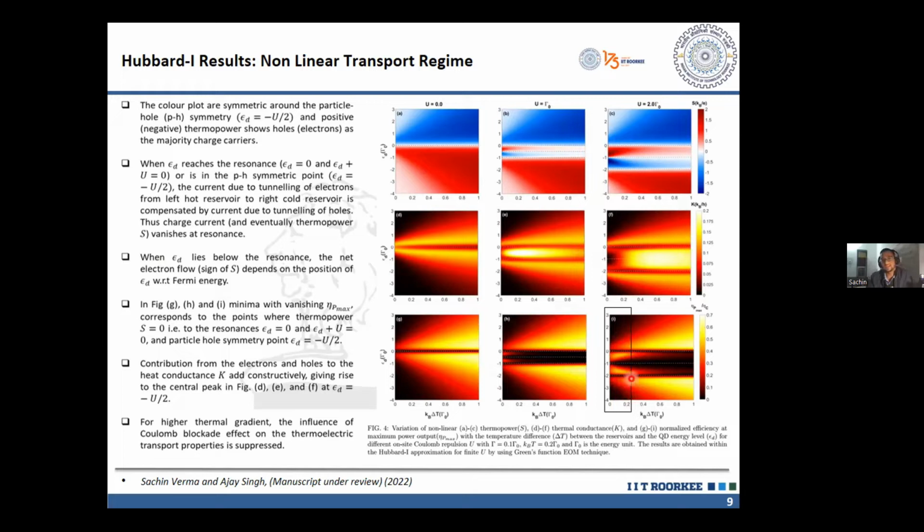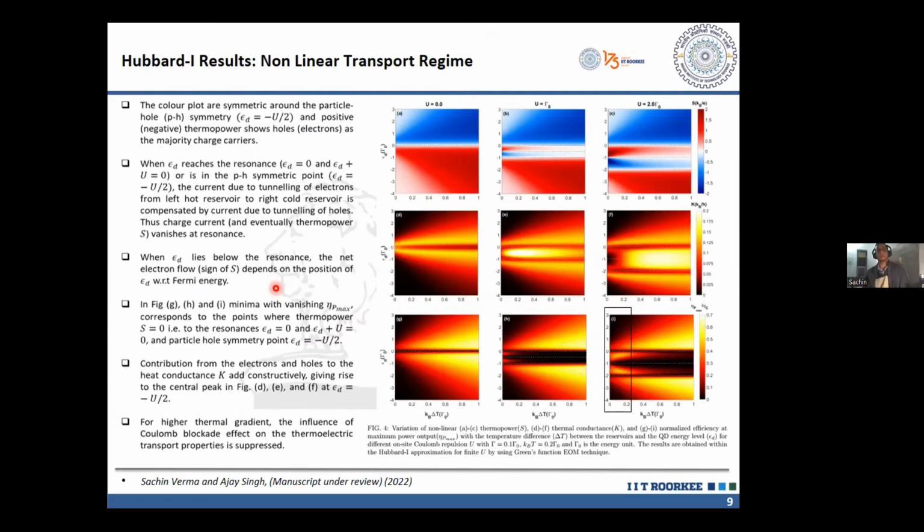As we increase the temperature difference, the Coulomb repulsion is reduced, which further reduces these properties. We have recently submitted this manuscript to the European Physical Journal B.